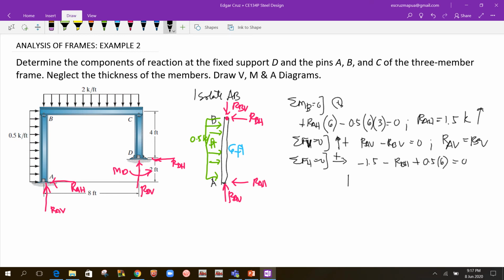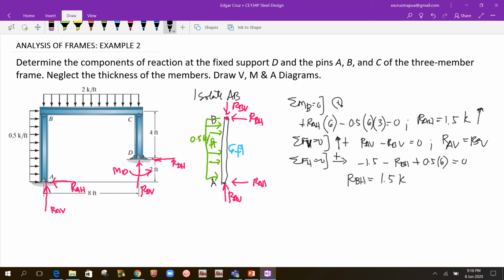From here we could solve for RBH. By symmetry, it would just be the same as RAH. That would be 1.5 minus 0.5 of 6, so 1.5 kips also.